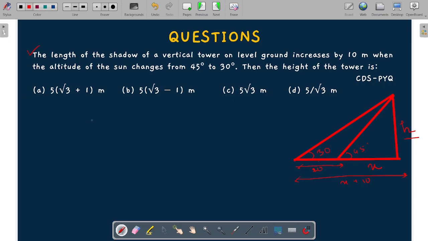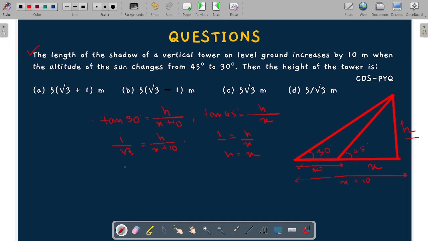Same, we will find the trigonometric ratios. tan 30 will be h by x plus 10, then again tan 45 degrees is h by x. tan 30 means 1 by root 3 equals h by x plus 10. tan 45 is 1, equals h by x, so h equals x.